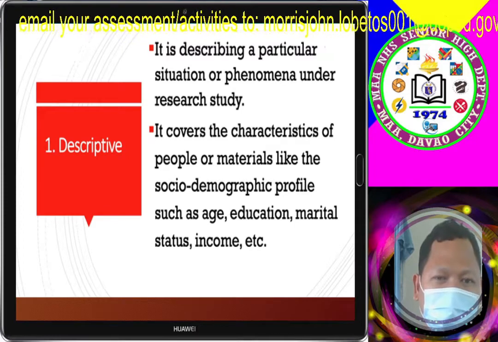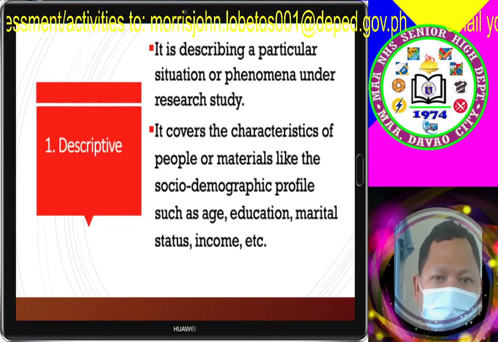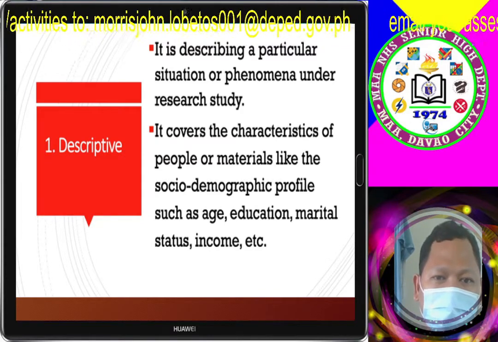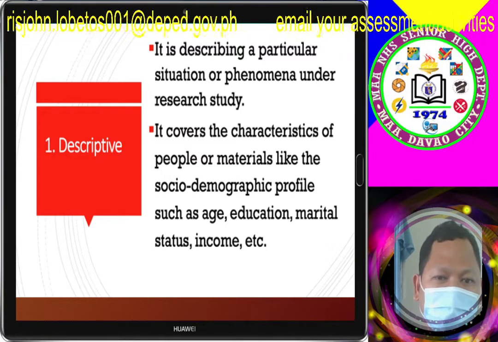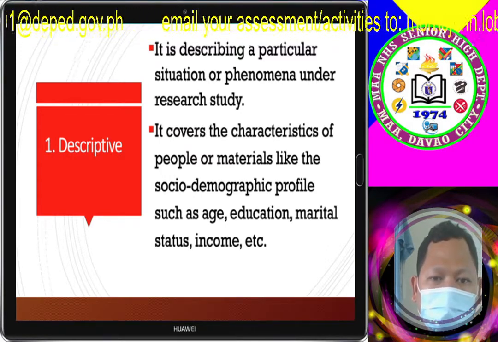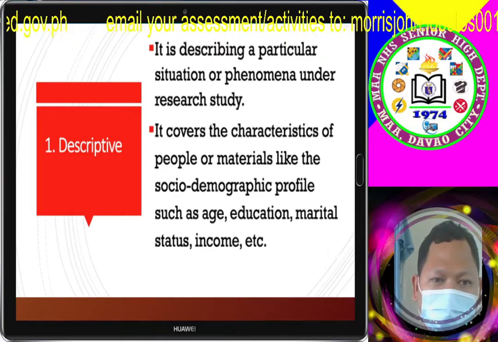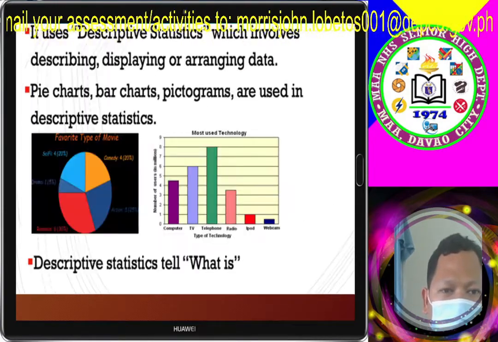First is descriptive. It is describing a particular situation or phenomenon under research study. It covers the characteristics of people or materials like the socio-demographic profile such as age, education, marital status, income, etc. Later I will provide an example of this.